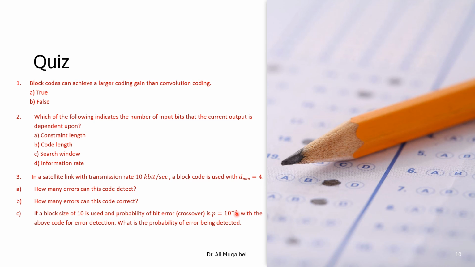That's, of course, large error, but we are just trying to learn the calculation. With the above code for error detection, using block size of 10, what is the probability for an error being detected? So now you know the block length. You need to find how many bits can be in error so that we can detect the error.